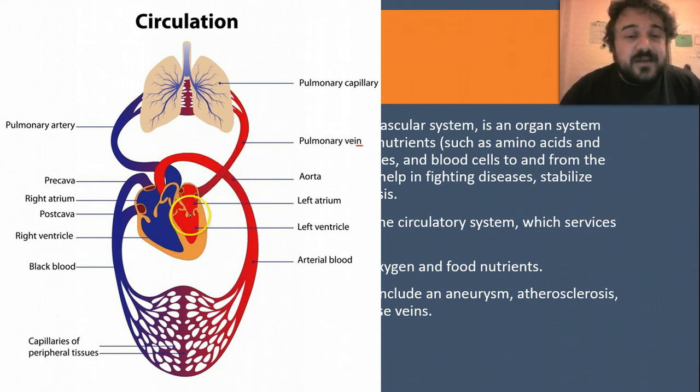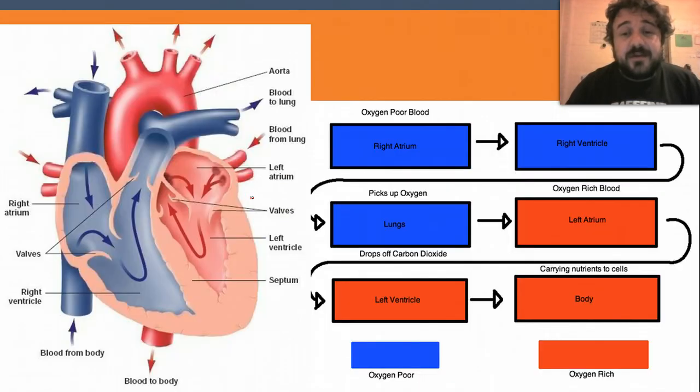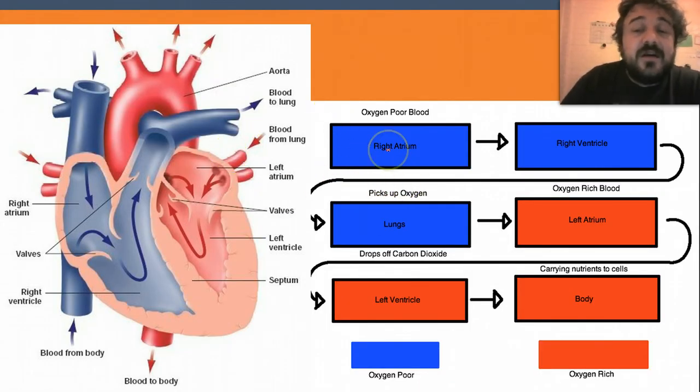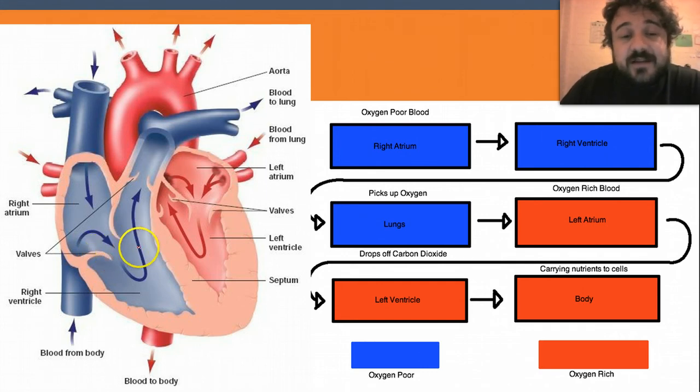And you'll see that this actually is a valve. We'll have a closer look at that in a second. And the valve means that the blood flow can only go one way. So let's have a quick look. First off, our oxygen poor blood starts in the right atrium. Okay, it then moves into the right ventricle, and by doing this, it goes through a valve. And then it goes into the lungs, where it picks up a whole bunch of oxygen.